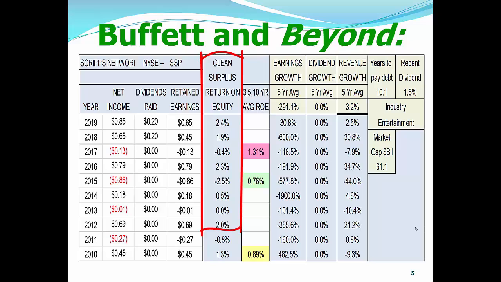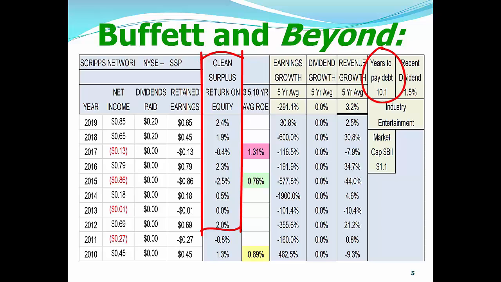Just like a bank account, we want to outperform the average bank. We have to go to the bank that has a higher interest or return on the money that we put in there. So the average stock in the S&P 500 has an ROE of 14.5%. And we look at Scripps Network, and it has a clean surplus return on equity of about 2.4%. Folks, that's way below the average.